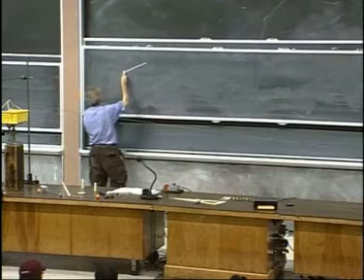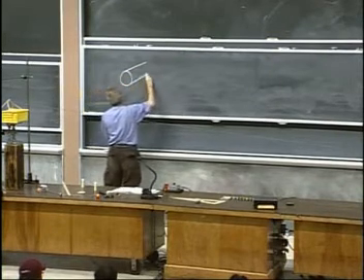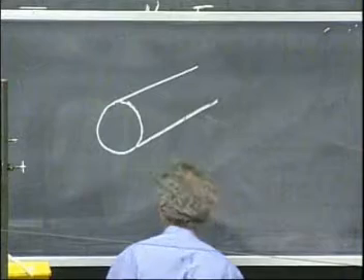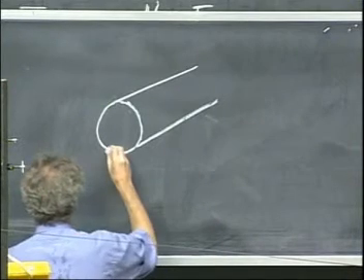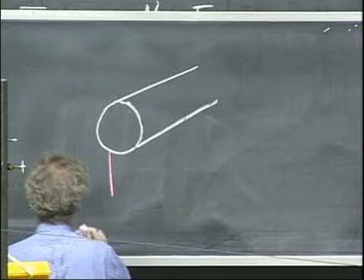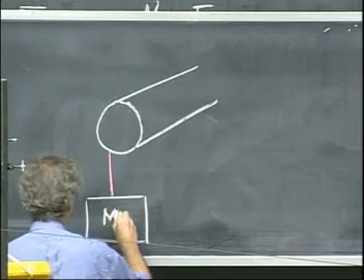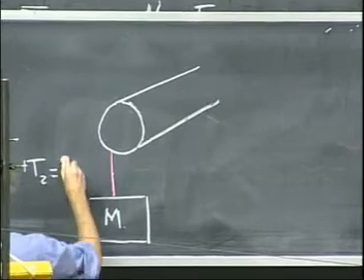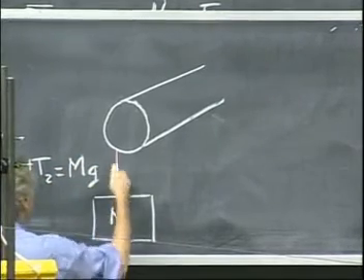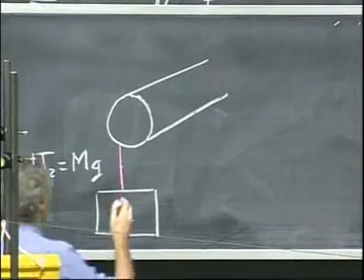Here is this rod. It doesn't have to be horizontal as this one. And on this side of the rod, I hang with a string a very massive object, capital M. So the tension here, T2, would be Mg, assuming that it is not accelerated, that it is at rest.